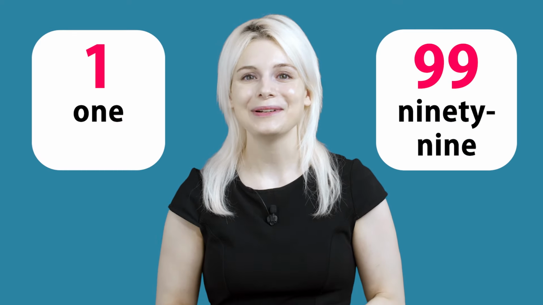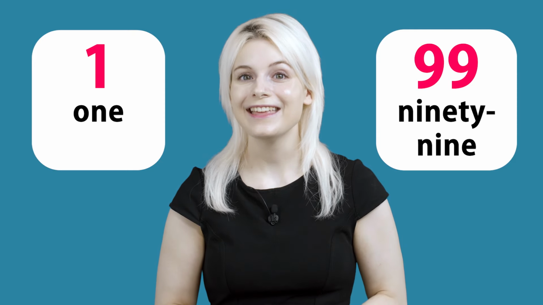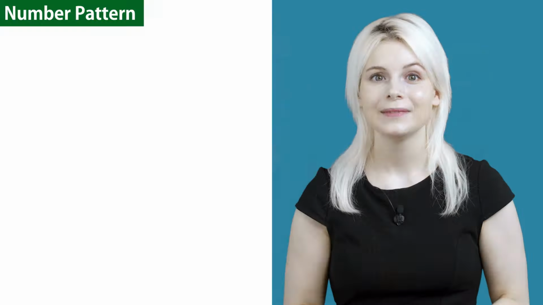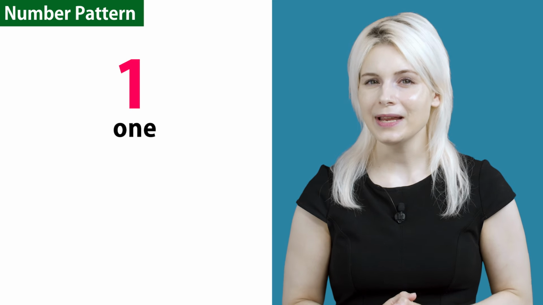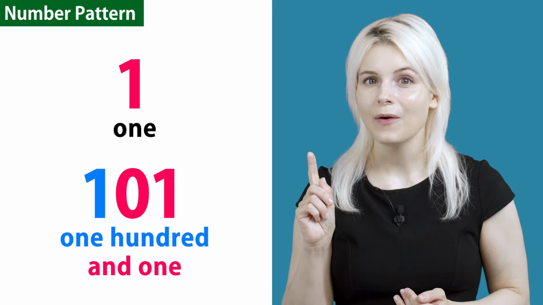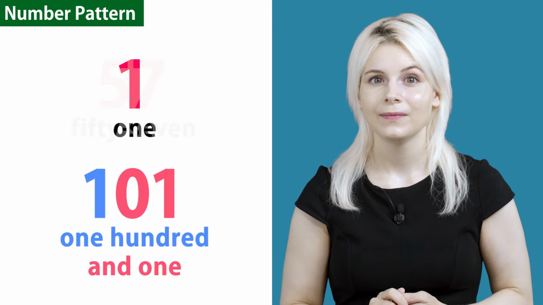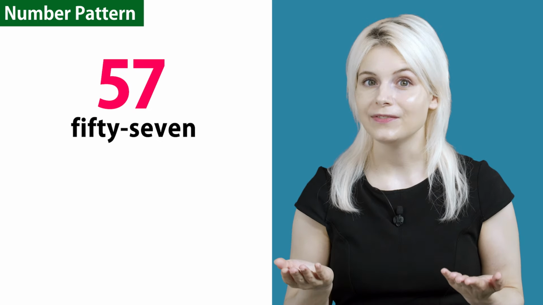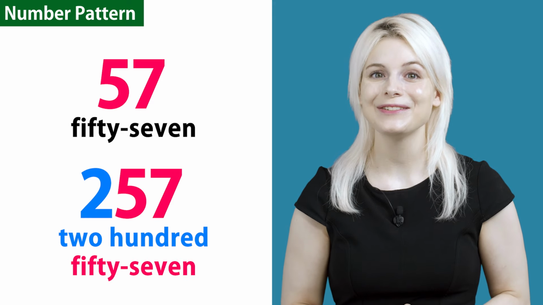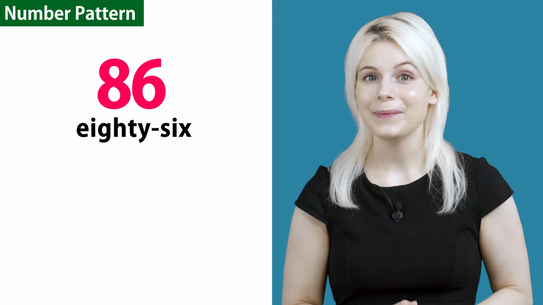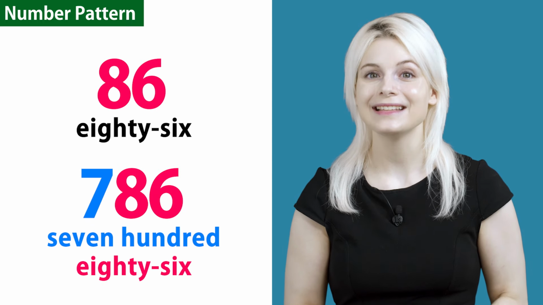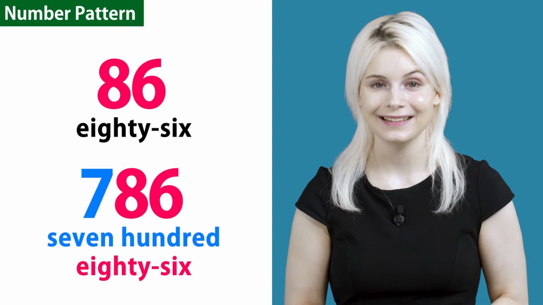If you know the numbers from 1 to 99, then you just add 100 before the number. For example, we know the number 1, so this number is 101. We know the number 57, so this number is 257. We know the number 86, so this number is 786.